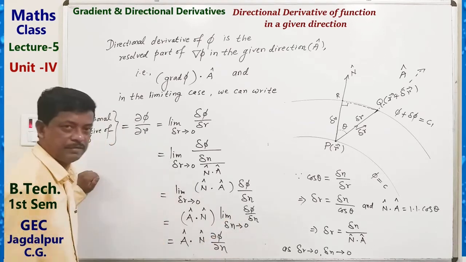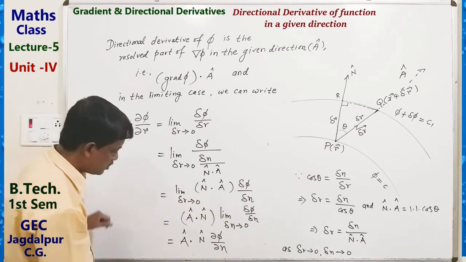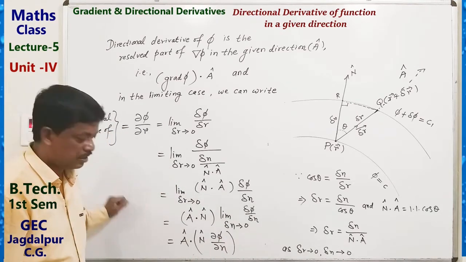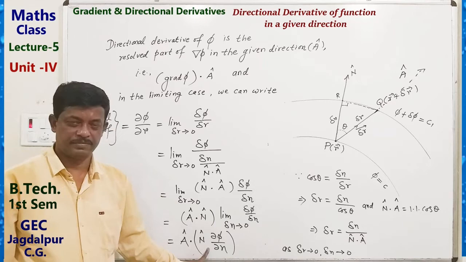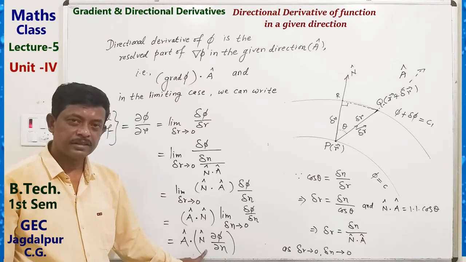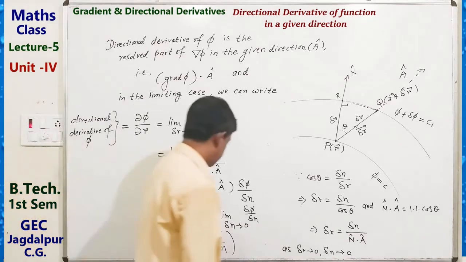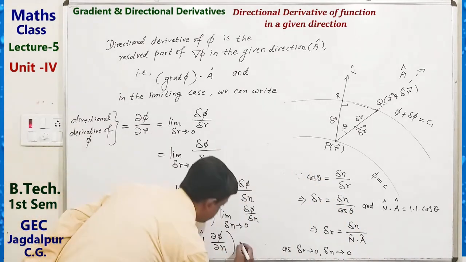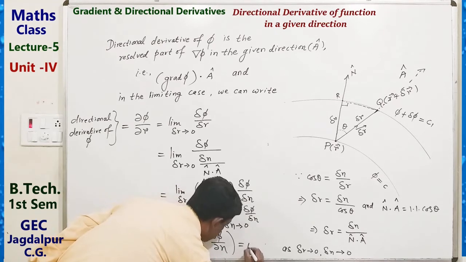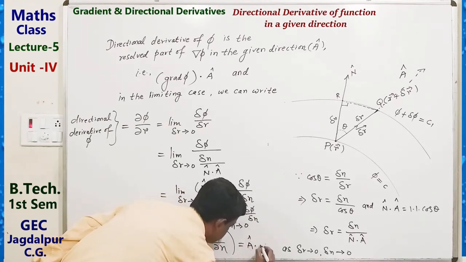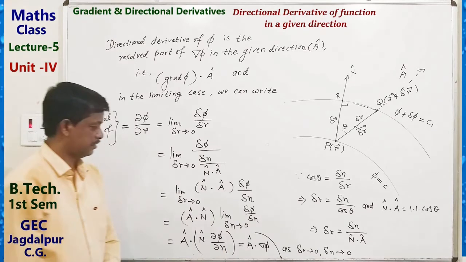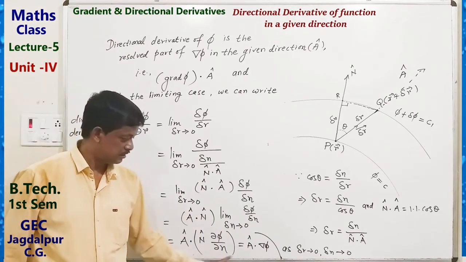This total is the gradient phi, del phi.